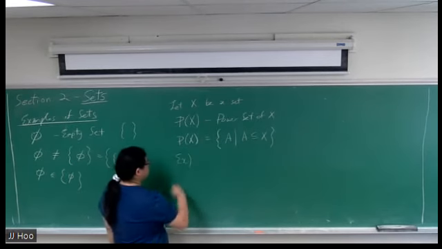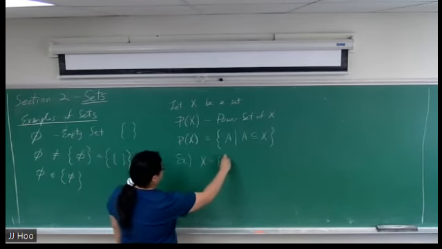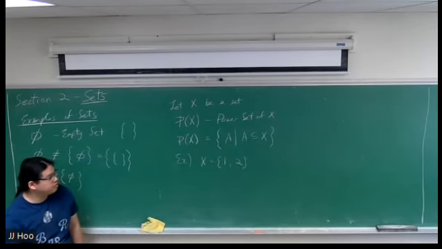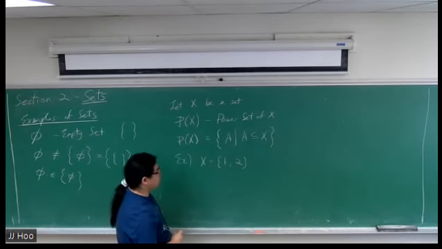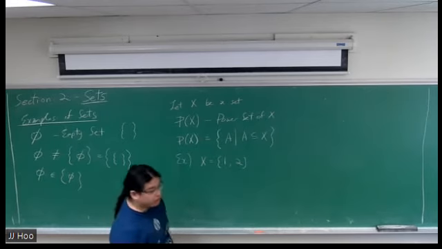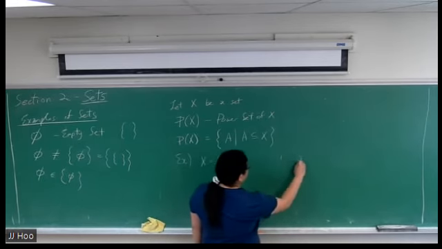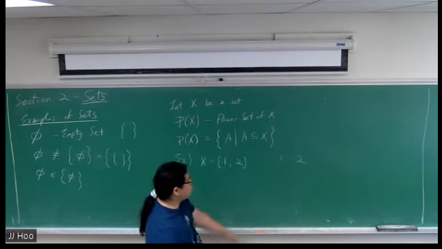So example. X is {1, 2}, right? What are all the ways in which we can find a subset? Now, instead of just writing them out, we can look at using a process, right? There's 2 elements, 1 and 2, and when we form a subset, we only have 2 choices for each element, right?